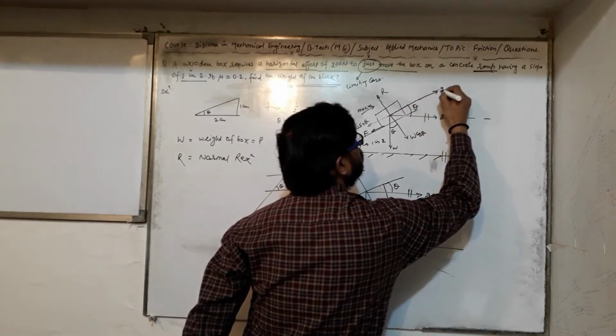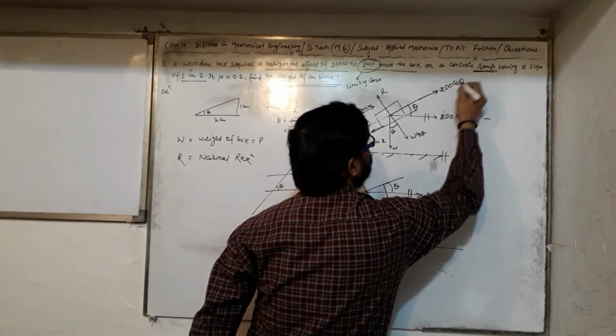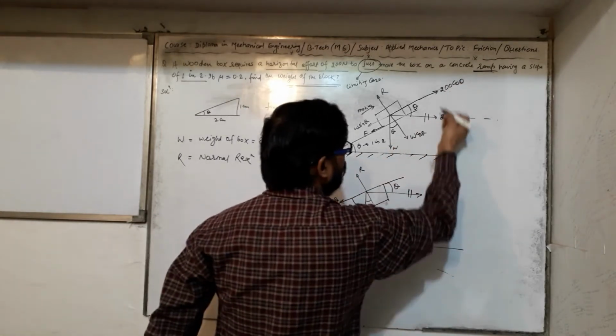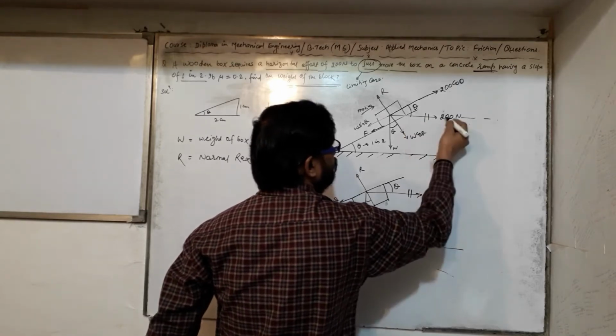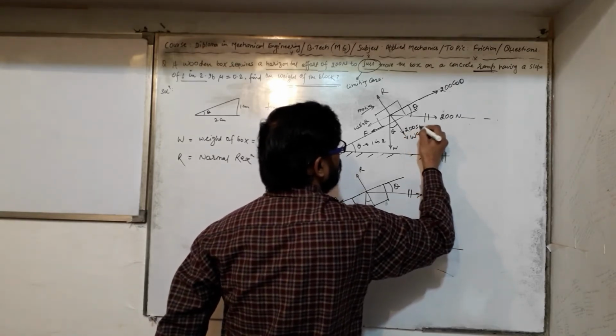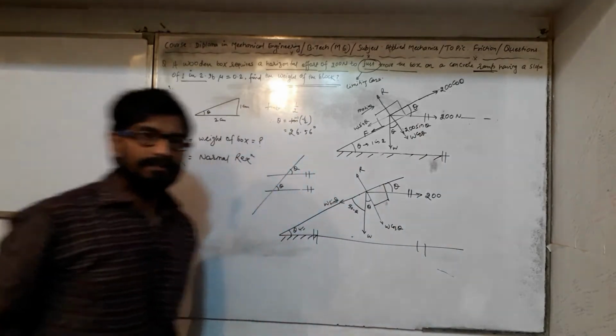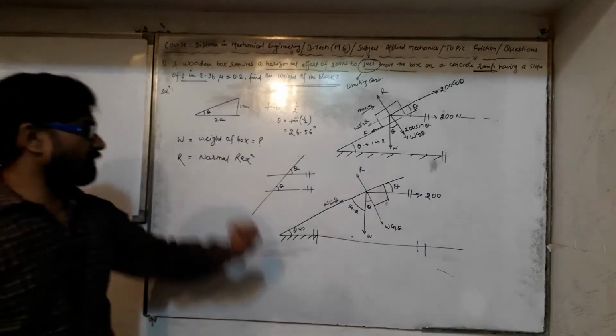of the inclined plane is 200 cos theta, and perpendicular to it, in this direction, it is 200 sin theta. Clear? Okay, I think it is very much clear.